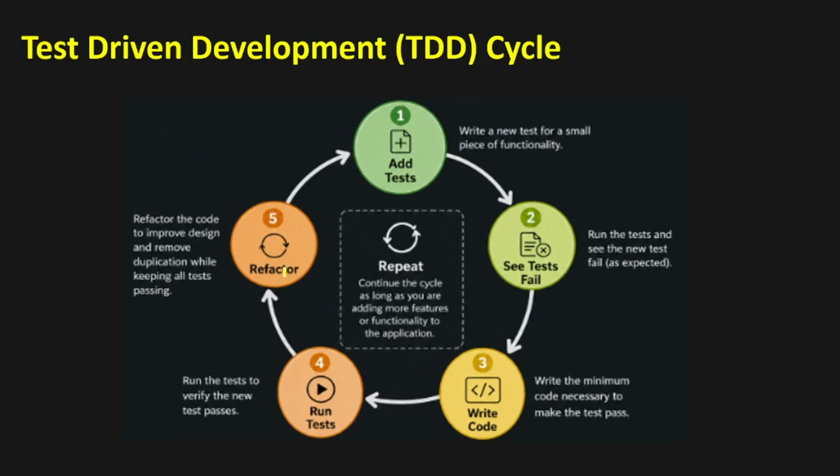The best part of TDD is that you have the unit test cases ready by the time the actual code is ready, because we are writing the test cases at the first step itself.